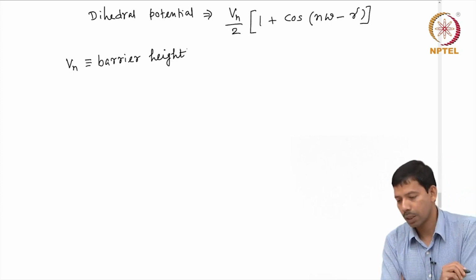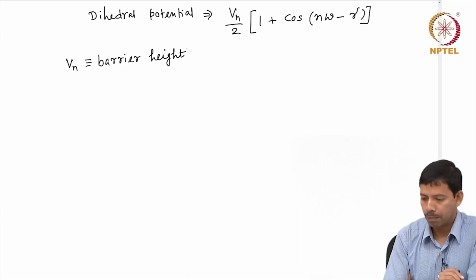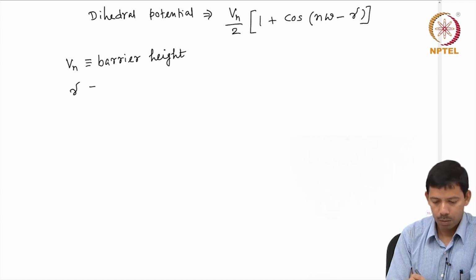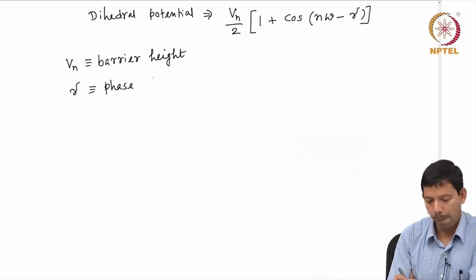The term gamma is called the phase factor, and n is called the multiplicity.